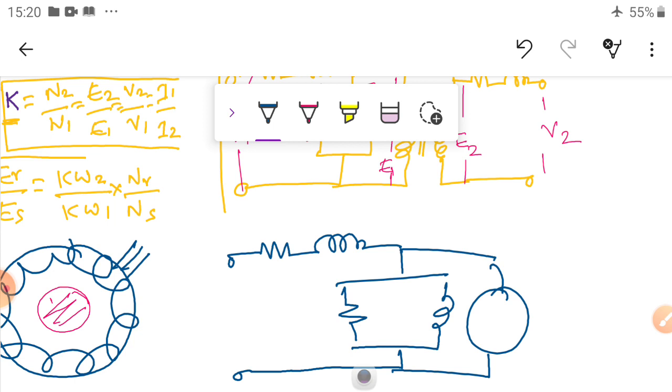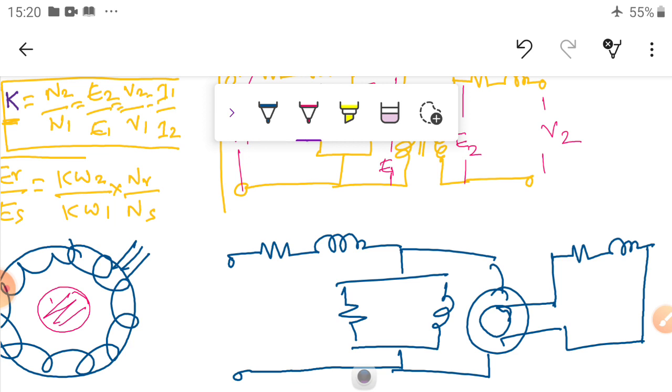Similarly, on the rotor side we are going to connect resistance and inductance, which is short circuited under running condition. These values are R1, X1, R0, X0, and the induced voltage similar to this is E1.